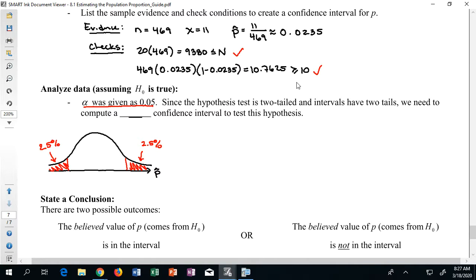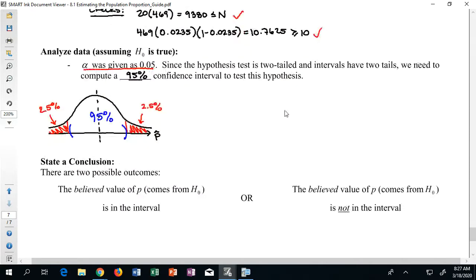This always happens in a two-tailed test. That then means that my confidence interval should cover what percentage of the distribution? Well, that would cover 95%. So I'm going to construct a 95% confidence interval.